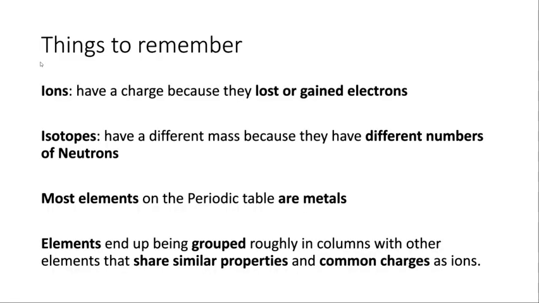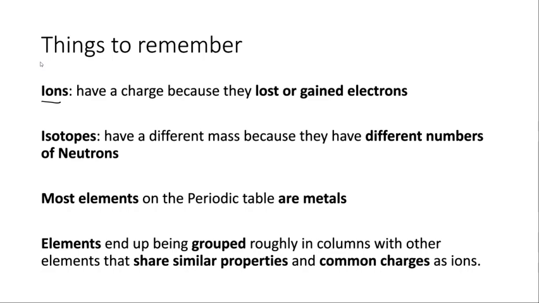So to sum this up, things that you should really remember. Ions are atoms that have gained a charge because they have lost or gained electrons. Their protons and electrons are no longer equal. They no longer have the same number of protons and electrons.